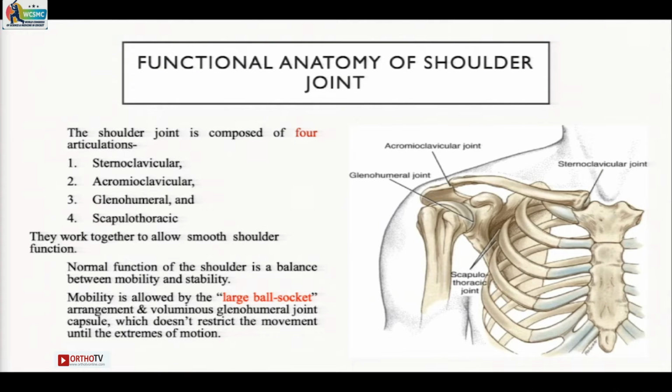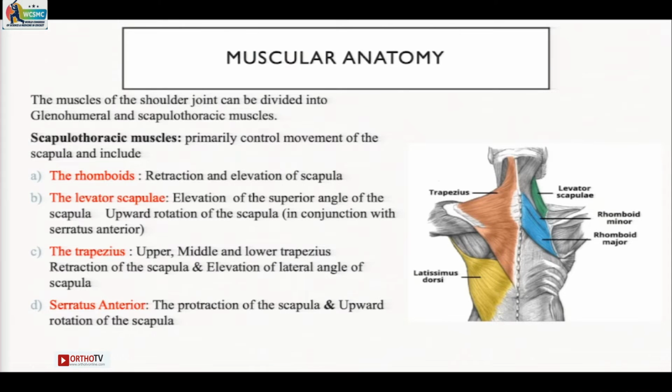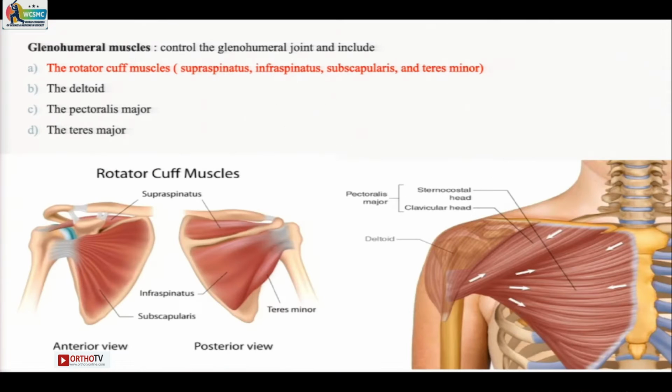Before we learn how to rehabilitate, we should know the anatomy of the shoulder joint. There are basically four joints which constitute the shoulder complex, and there are two groups of muscles: the scapulothoracic muscles and the glenohumeral muscles.